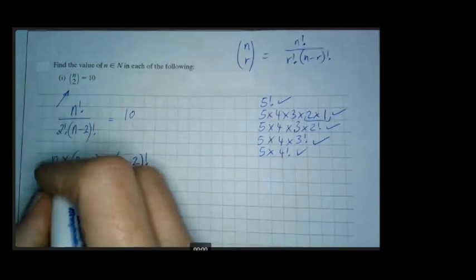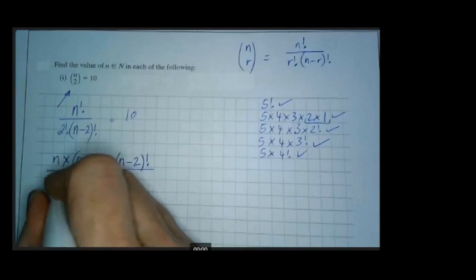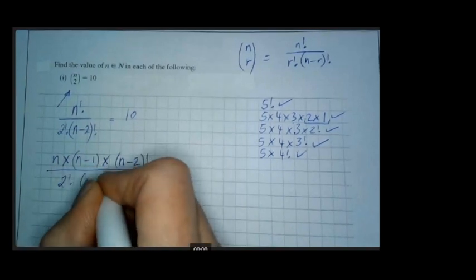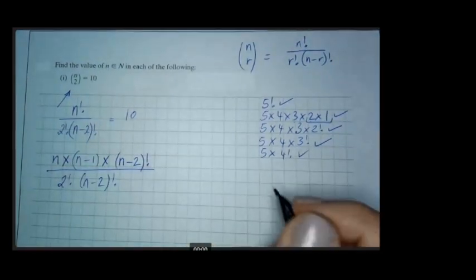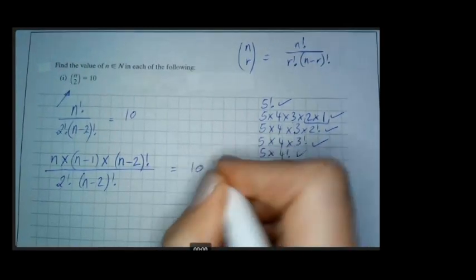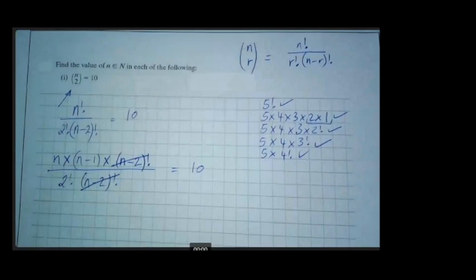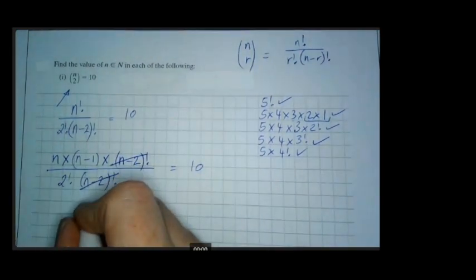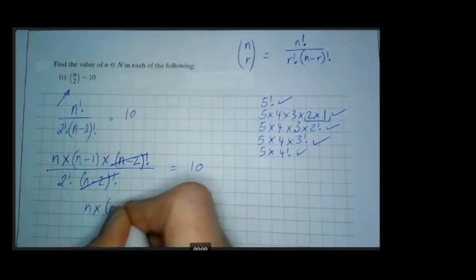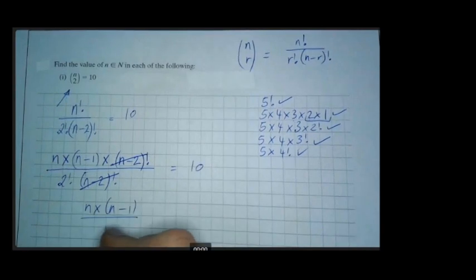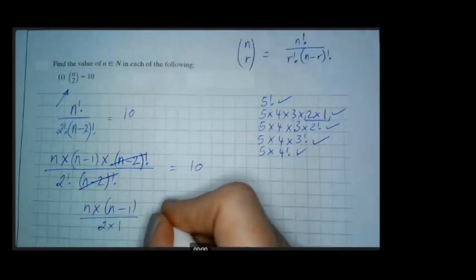But the reason I want to stop there is because I have an n minus 2 factorial on the bottom there, okay? And now, because I've expanded out the top in that way, I'm going to be able to cancel all of that with all of that. And that leaves me then with n times n minus 1 on top and 2 factorial, which is just 2 times 1 on the bottom.